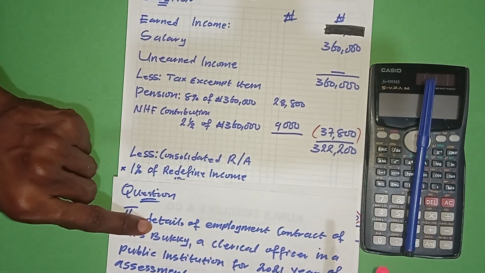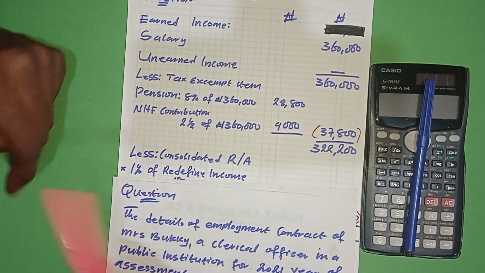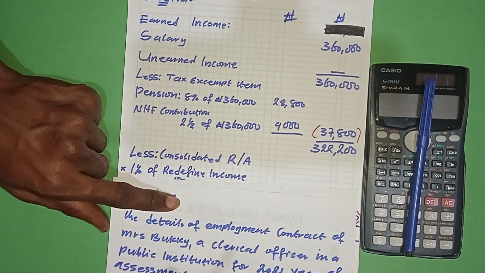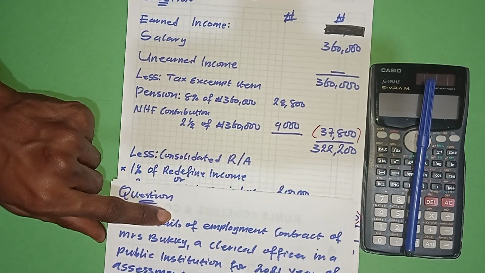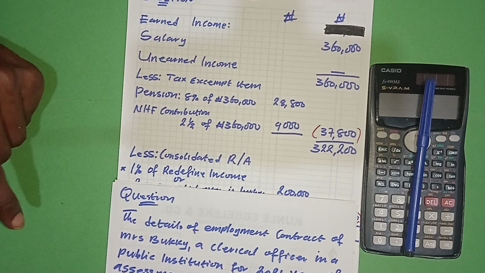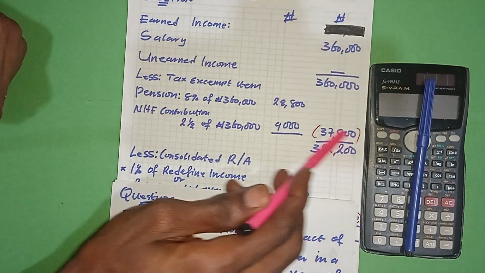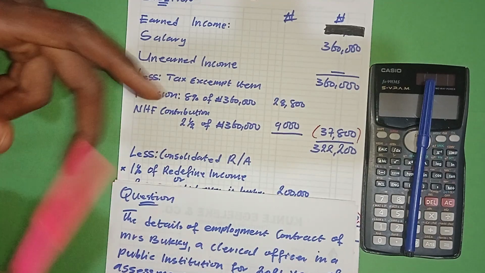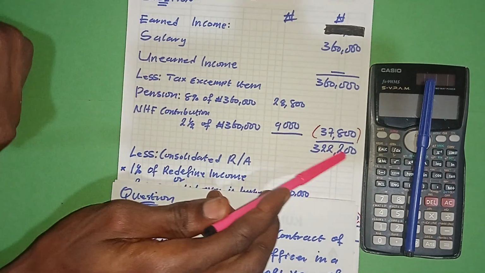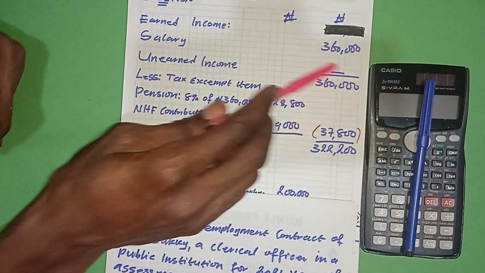Then after that, you will get your Consolidated Relief Allowance, CRA. Now, what is the Consolidated Relief Allowance? It is 1% of the redefined income. What is our redefined income here? This. Initially, before the Finance Act, this is where we would relieve our CRA from.